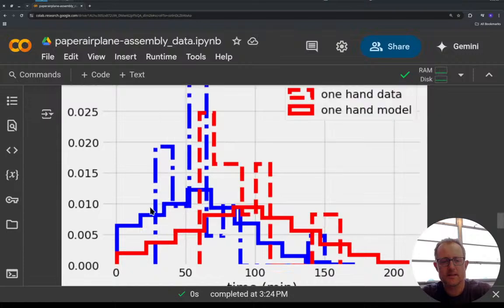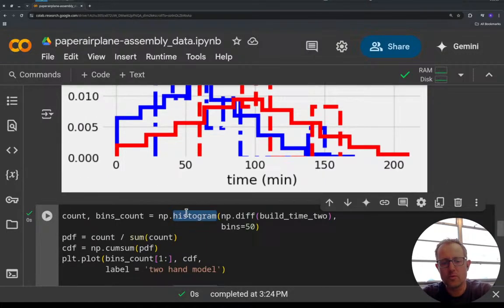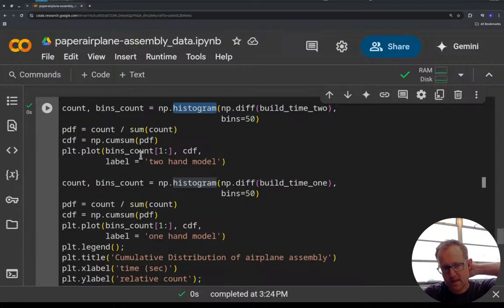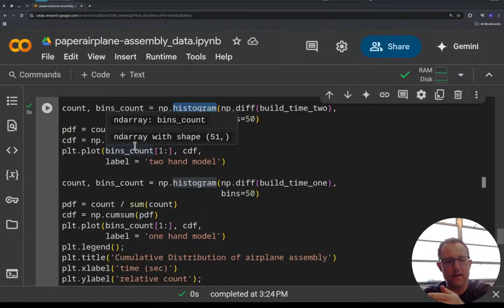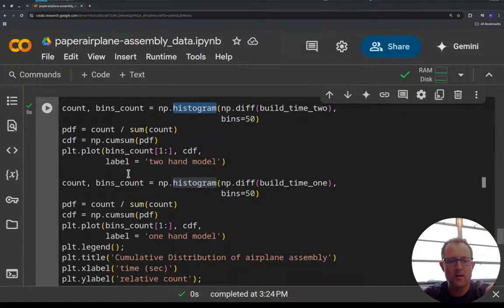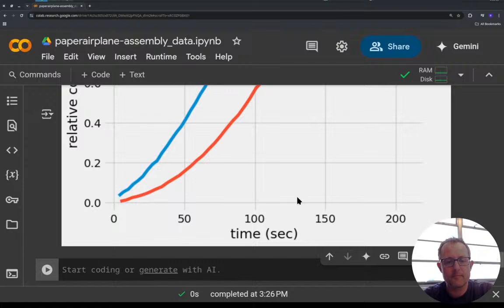So this is the histogram here, but I'm going to create a new one and save the count and bin counts, and then integrate over that so that I can look at what that cumulative density function looks like for build time 2 and build time 1. And I'll take 50 bins just because I have 1,000 different things there.